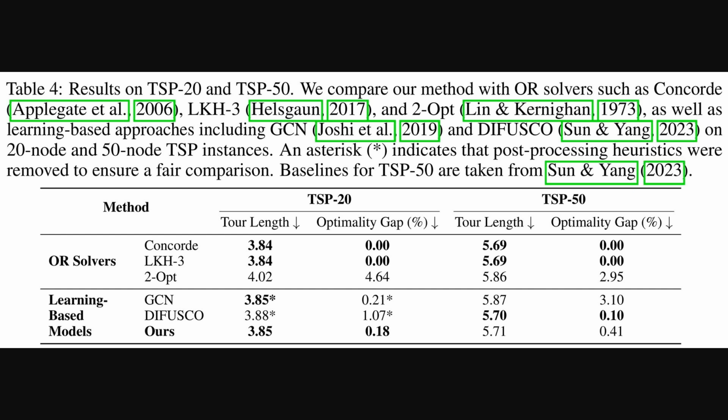SymmetricDiffusers is compared against both traditional operations research solvers, which are specialized algorithms designed for these kinds of optimization tasks, and other learning-based models. The key metrics are tour length, so a shorter path is better, and optimality gap, which measures how far off the solution is from the absolute best, ideally 0. Their model performs very competitively here, achieving tour lengths and optimality gaps that are quite close to these highly specialized solvers.